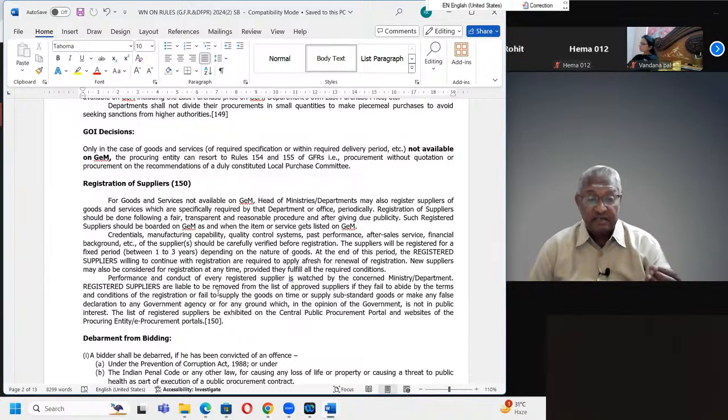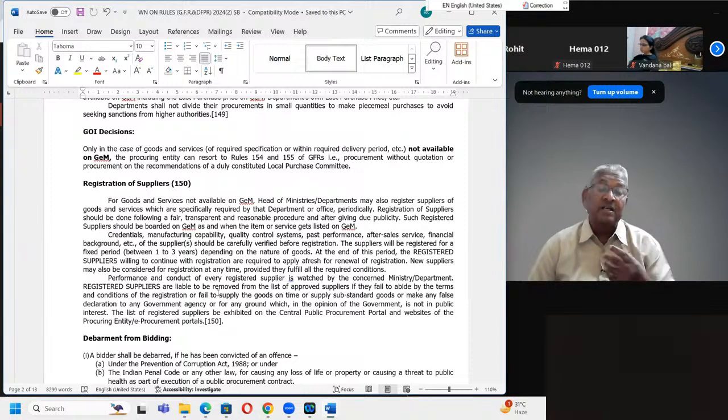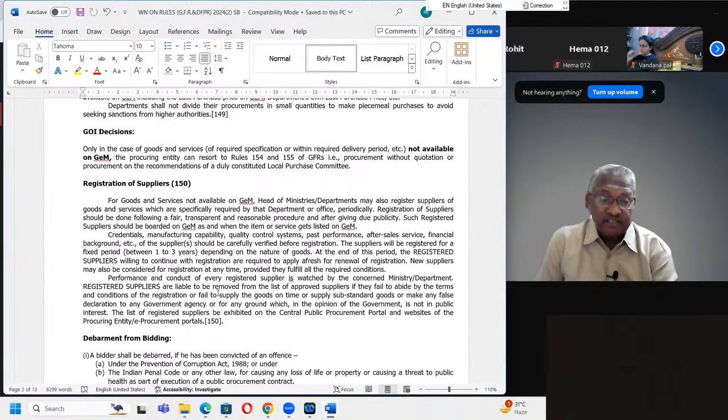Credentials, whether they are credible; manufacturing capability, their capacity; then quality control systems, what quality controls are being adopted; then past performance, where they supplied, up to what quantity, and their satisfactory performance with other firms and departments. Then after sales service: once they sell, after that there is no proper servicing. So these things have to be ensured.